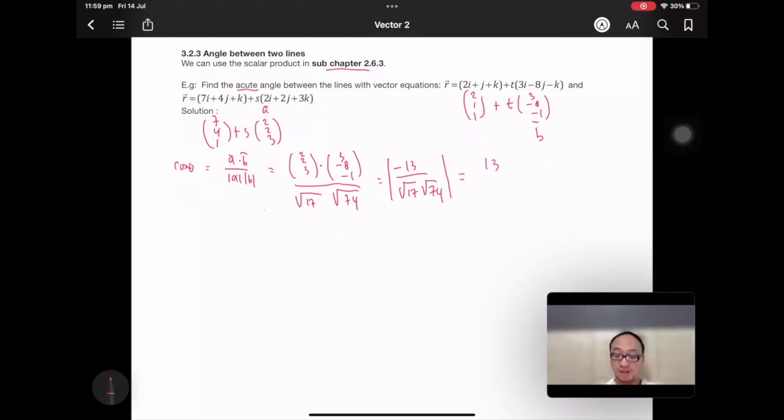So it's 13 over square root of 17 times square root of 74. So theta is equal to inverse cos of 13 over square root of 17 times square root of 74, which is 68.5 degrees. That's it.